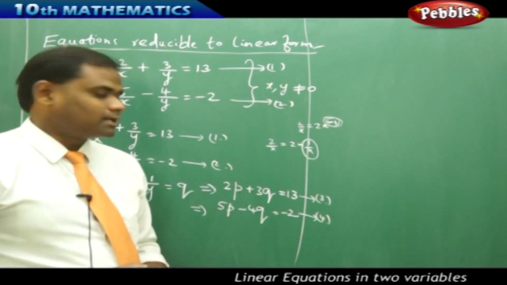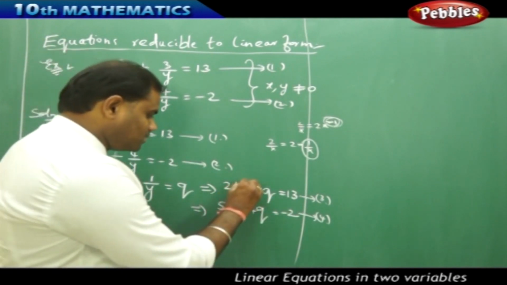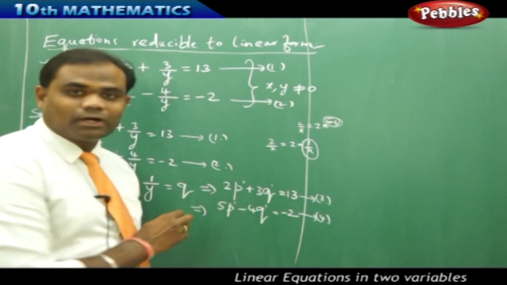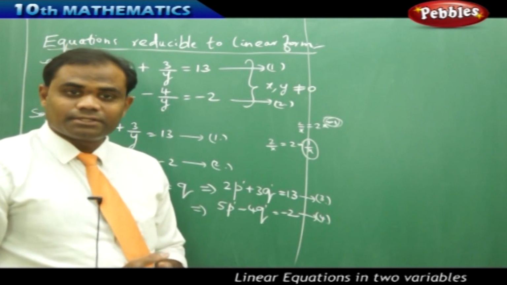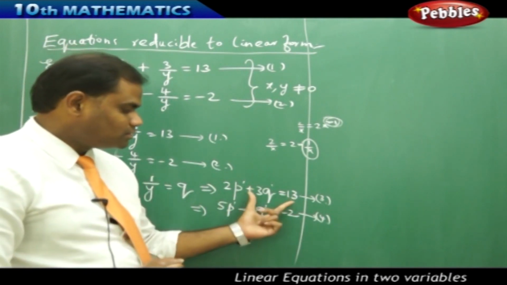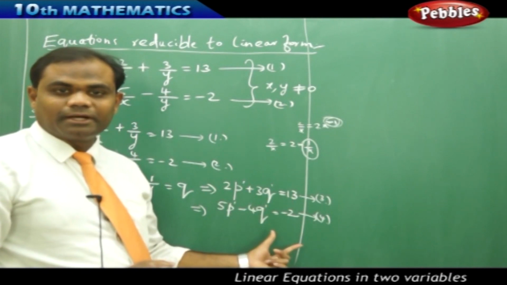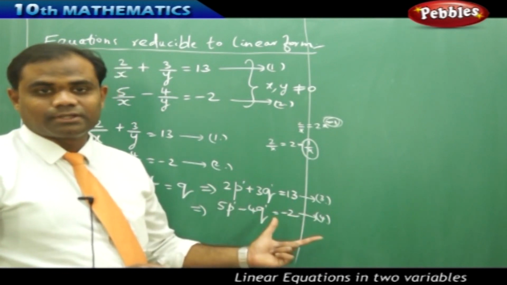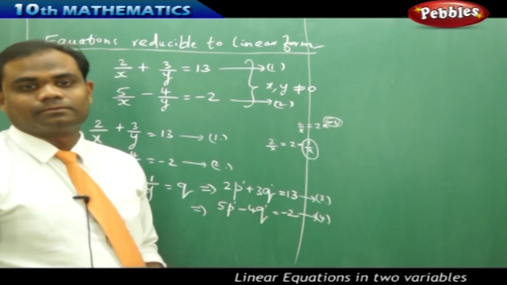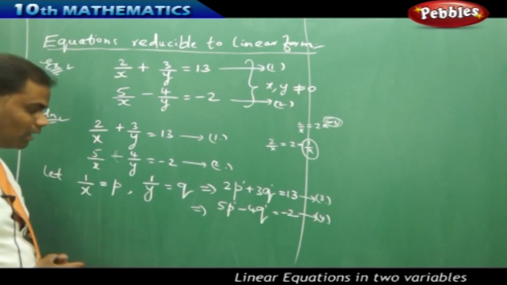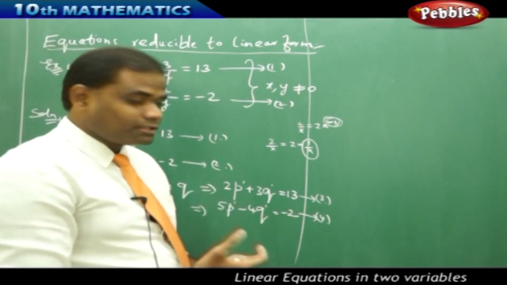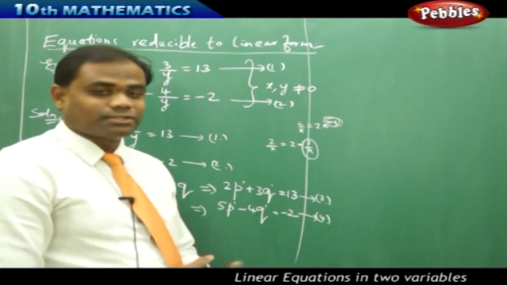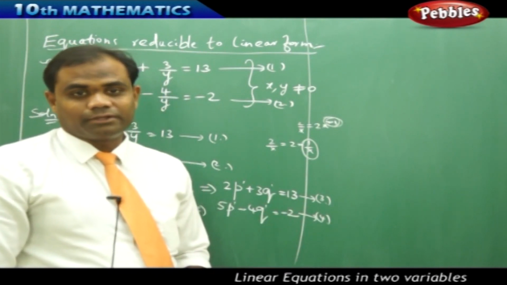The variables here are assumed to be p and q, and since each of the powers of p and q are ones, which are non-negative integral powers, these two equations are very much linear equations in variables p and q. So now our destination here is to solve these two equations and find the values of p and q.